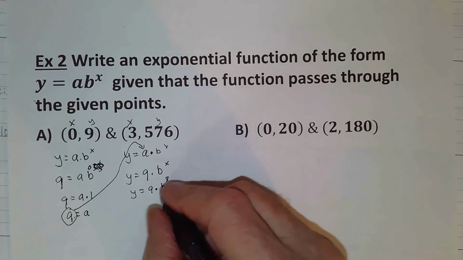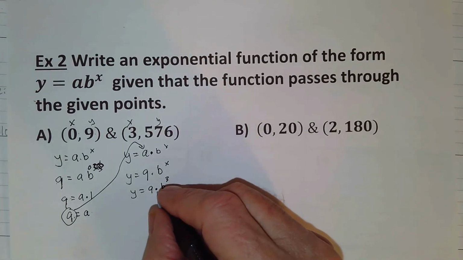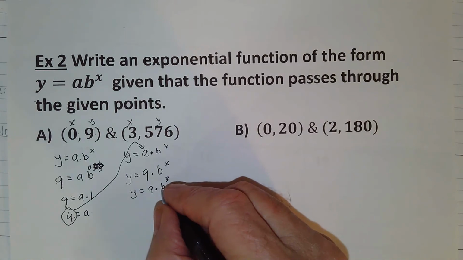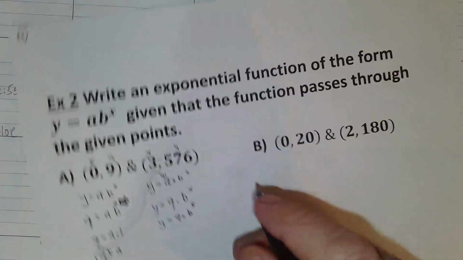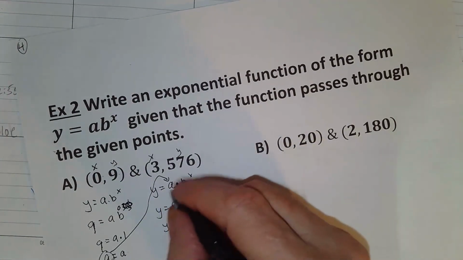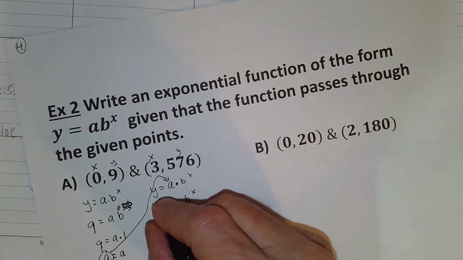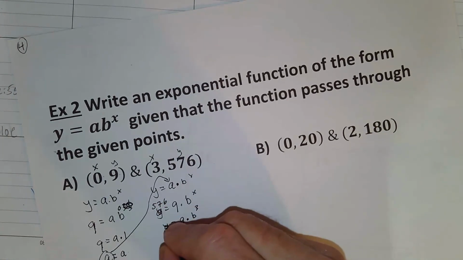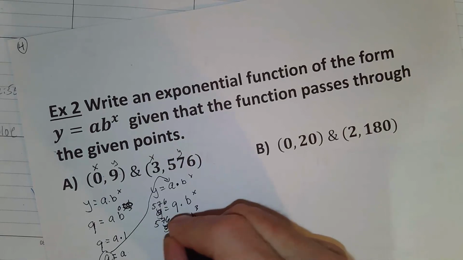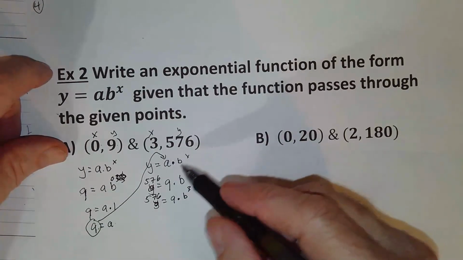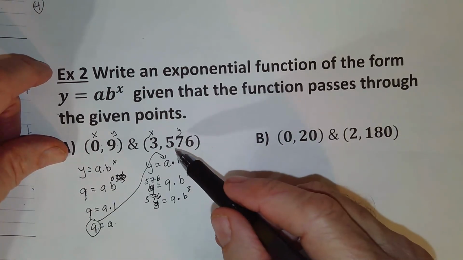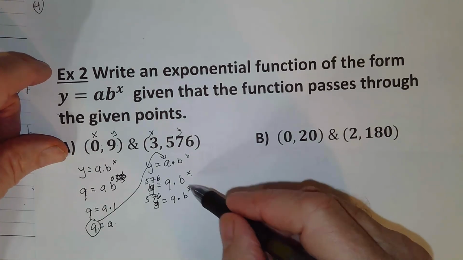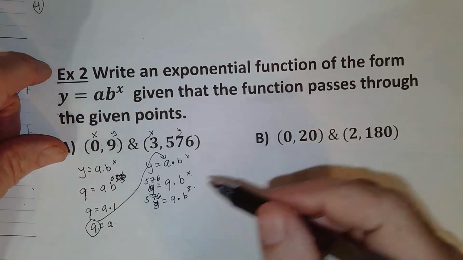Okay, so let's divide away the 9. Oh, sheesh. I forgot the y is over here. I got to change this out. So this is 576. I should have done this in pencil. So yeah, our x is 3, and our y is 576.